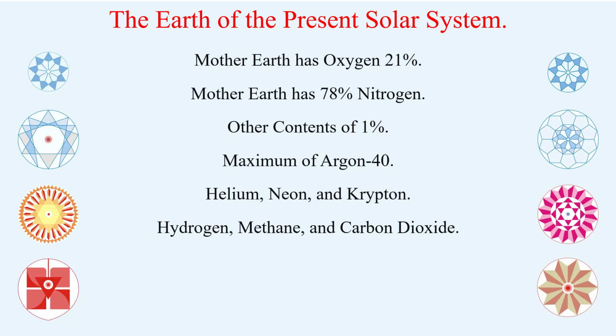Other gases, argon is 14. Now krypton, helium, neon, argon, krypton is there, but maximum is argon itself, which is very close to 1%. Then you have hydrogen, you have methane and you have carbohydrate, and also there should be water, which is already there on Earth itself now. There is not so much in the atmosphere, but it is there.